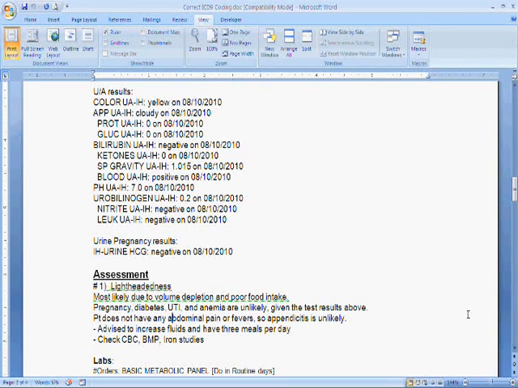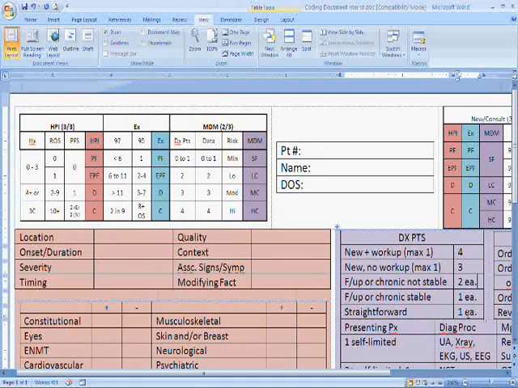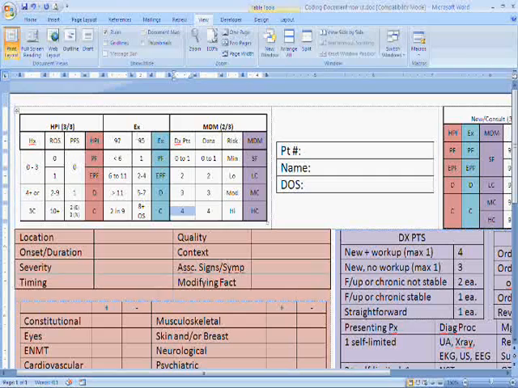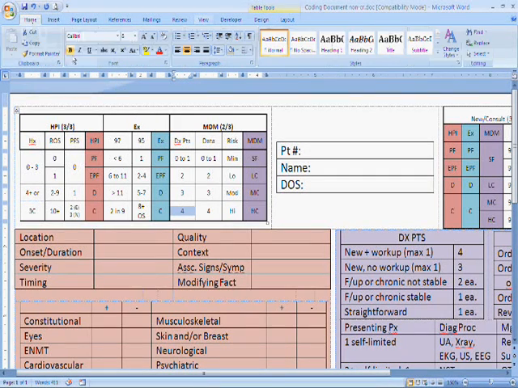The physician ordered labs, and so we know that this has got workup. So I have a new problem plus workup. Okay, I've got now 4 points. And so I would circle or highlight or whatever. Actually, I'll highlight it so you guys can see it. This 4 points for the diagnosis.